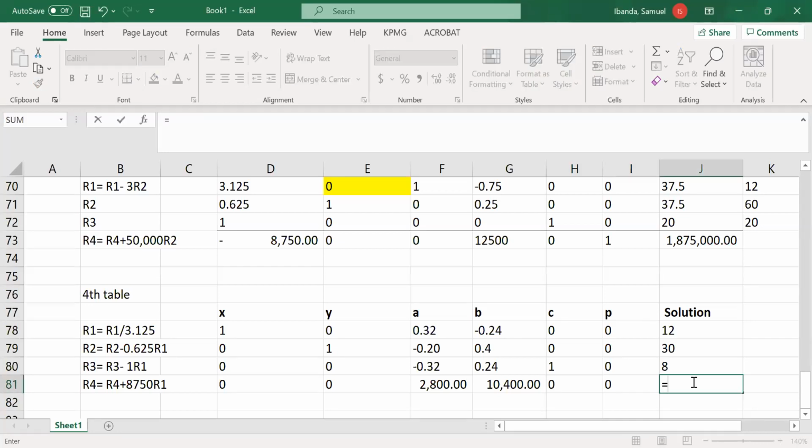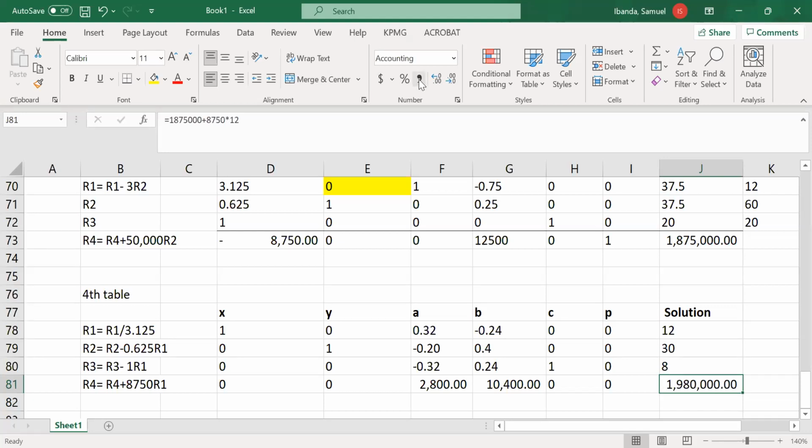This will be, okay, it will be R4, which is this 1,875,000 plus 8,750. You should be able to press this on your calculator, times the current R1, which is 12. So it gives us 19,198. So that is what we basically have.